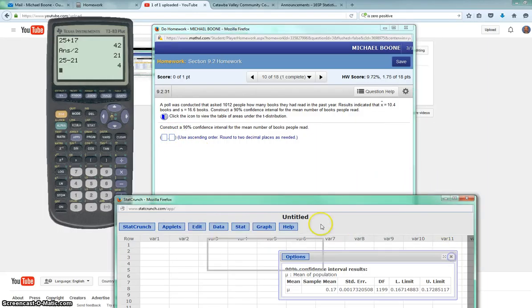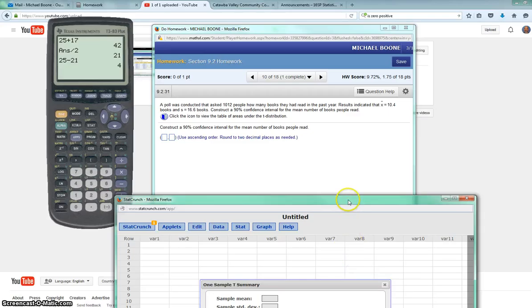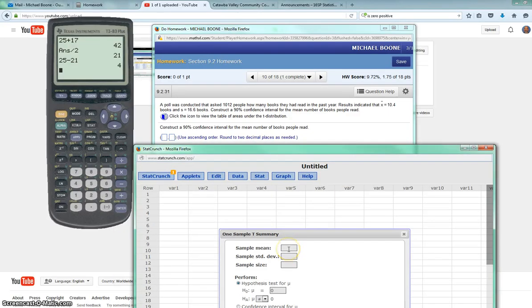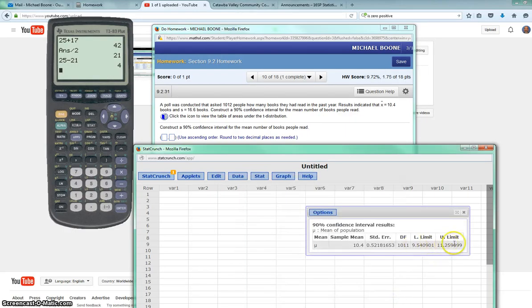Again, to get there, you go to stat, t stat, one sample with summary. And then we should have all the information that we need right here. Sample mean is 10.4, standard deviation is 16.6, and the sample size is 1012. And we were looking for a 90% confidence interval again. And there's our values. So very easy to compute with StatCrunch.